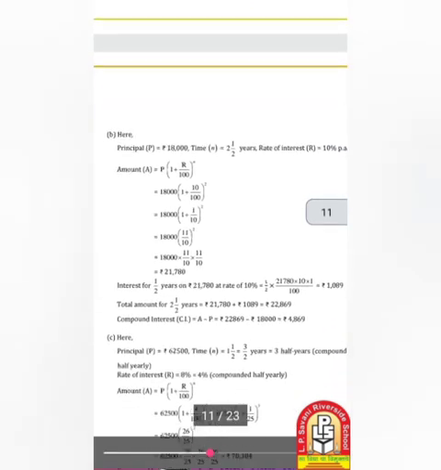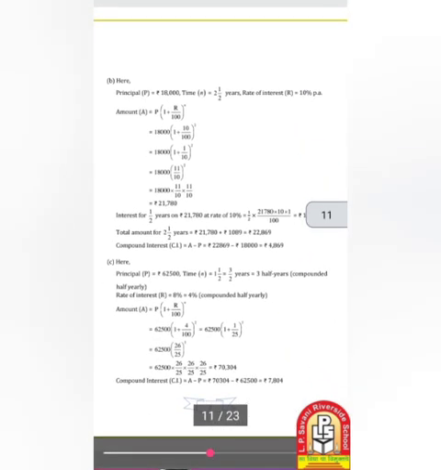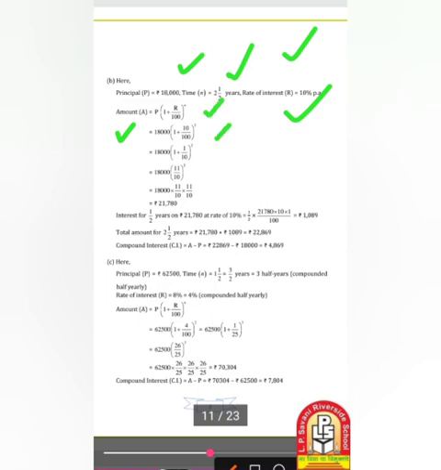Here we have to find the interest for the principal amount 18,000, n is equal to 2 into 1 by 2, rate of interest 10% per annum. Here amount A is equal to P into 1 plus r by 100 raised to n, so 18,000 into 1 plus 10 by 100 raised to 2. So 18,000 into the bracket 1 plus 1 by 10 raised to 2.